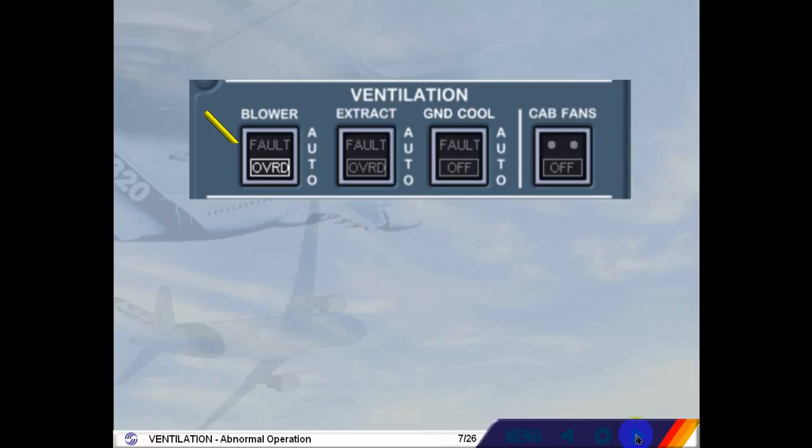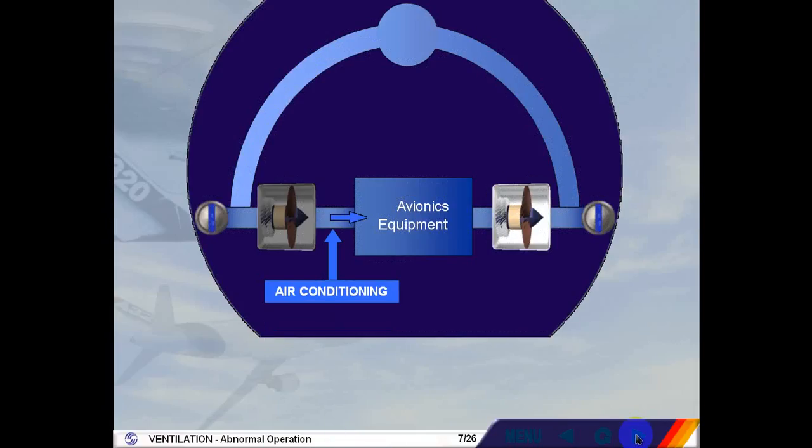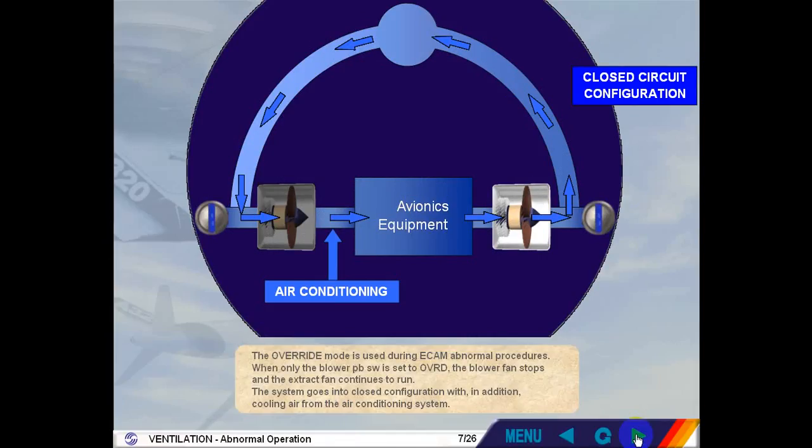The override mode is used during ECAM abnormal procedures. When only the blower push-button switch is set to override, the blower fan stops and the extract fan continues to run. The system goes into closed configuration with, in addition, cooling air from the air conditioning system.